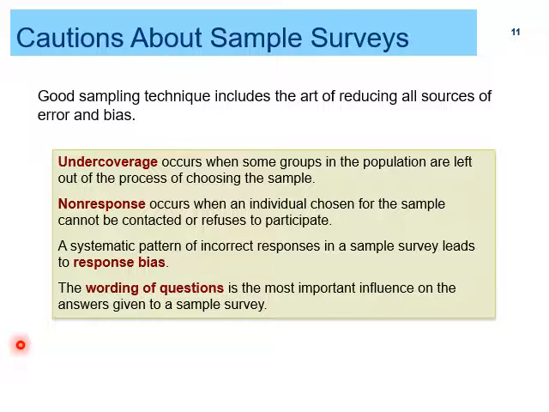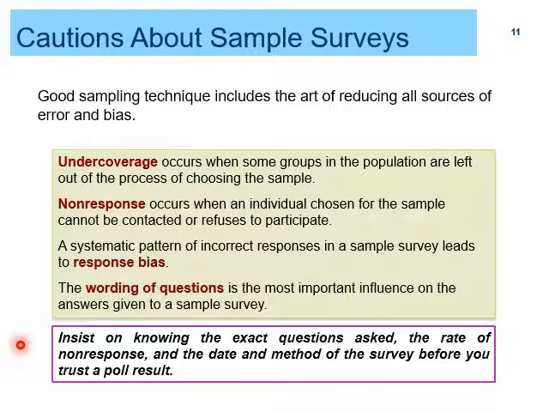A systematic pattern of incorrect responses in a sample survey leads to response bias. The wording of questions is the most important influence on the answer given to a sample survey. Insist on knowing the exact question asked, the rate of non-response, and the date and method of the survey before you trust a poll result.